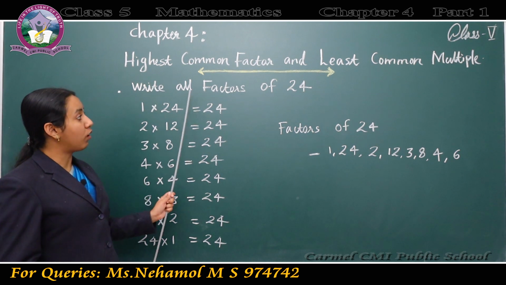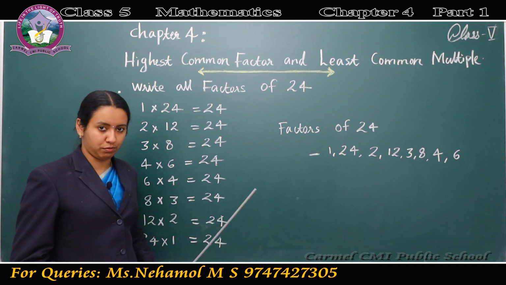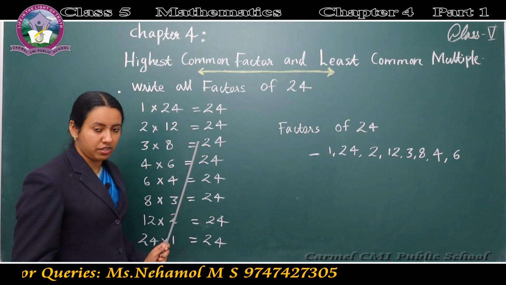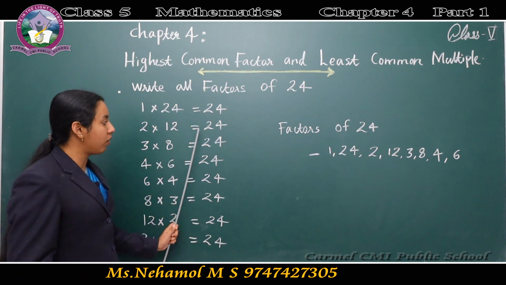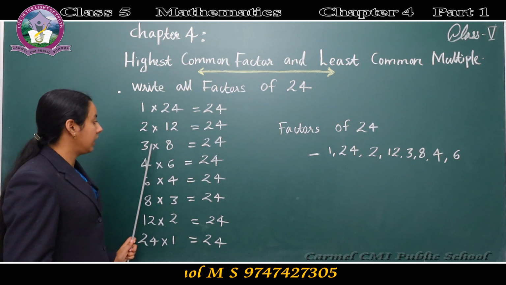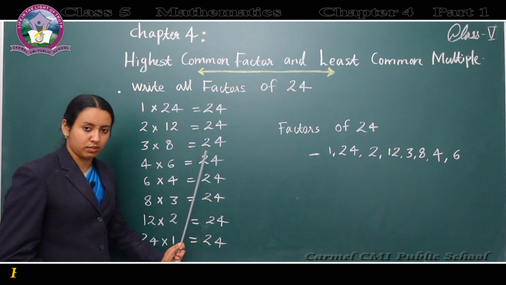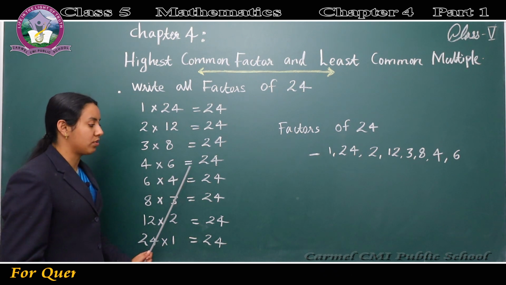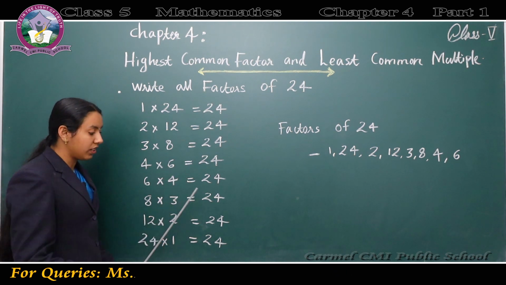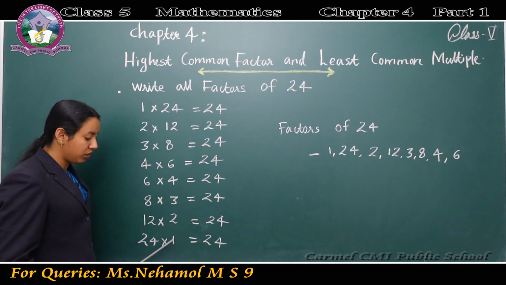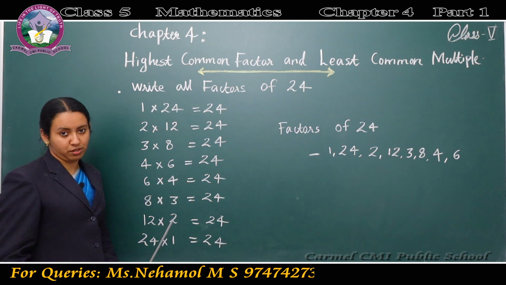Consider the question: write all factors of 24. We know that 1 into 24 is 24, 2 into 12 is 24, 3 into 8 is 24, 4 into 6 is 24, 6 into 4 is 24, 8 into 3 is 24, 12 into 2 is 24 and 24 into 1 is also 24.